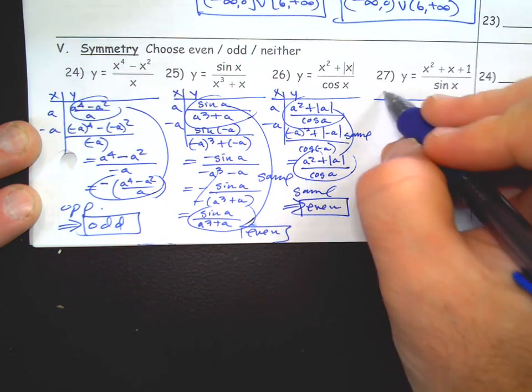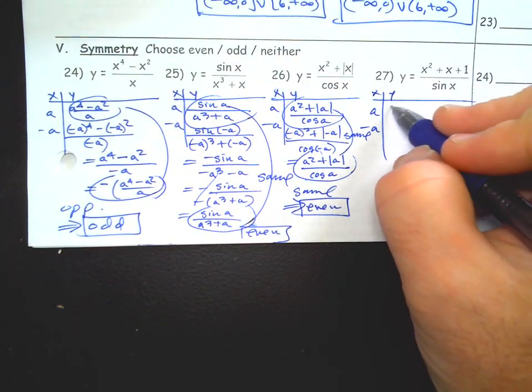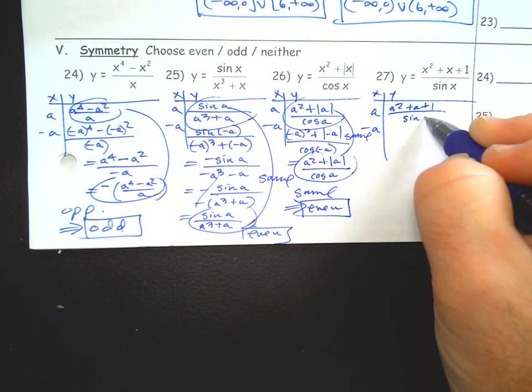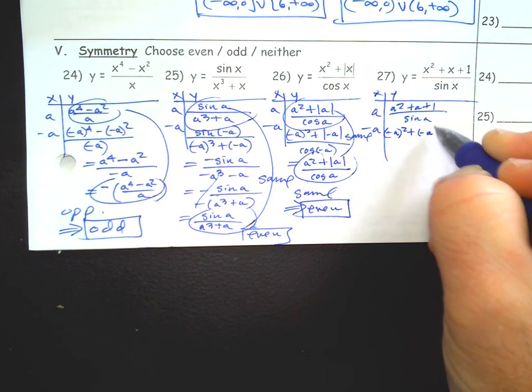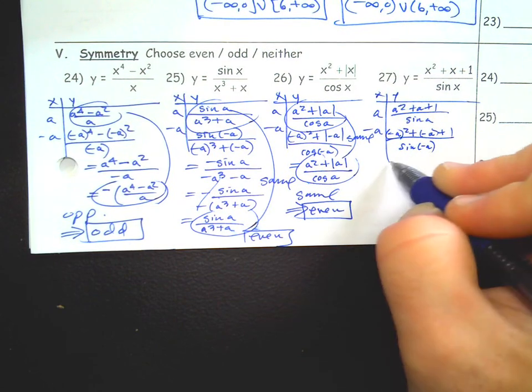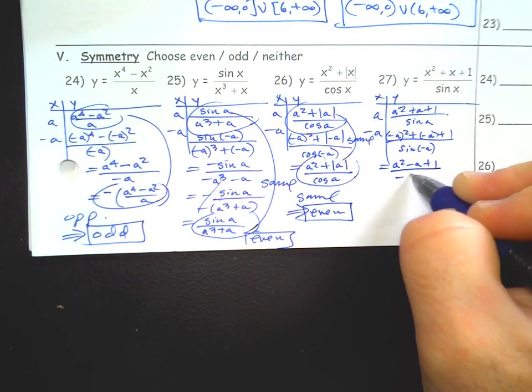Okay, last one, x, y, a, negative a. a squared plus 1 over sine a. Negative a squared plus negative a plus 1 over sine negative a equals positive a squared minus a plus 1 over negative sine a.